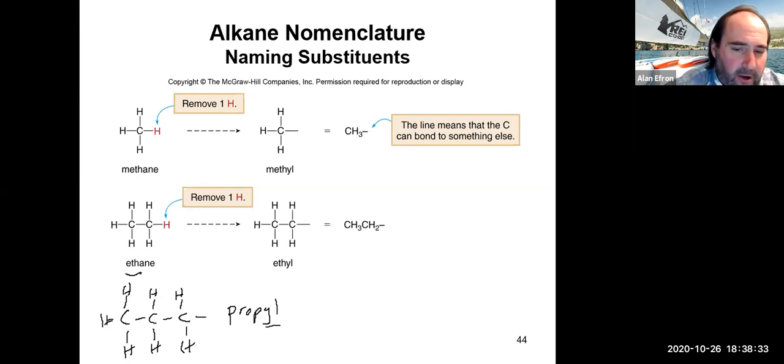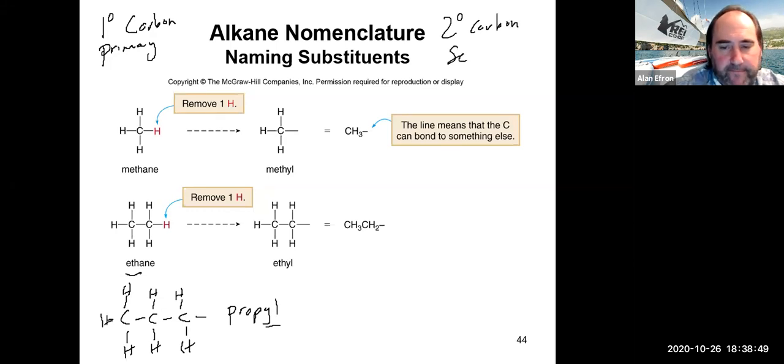Now, when we look at carbons, by the way, carbons can be classified as a primary carbon, a secondary carbon, or a tertiary carbon. When you have a carbon that is attached to one other carbon, that is a primary carbon.